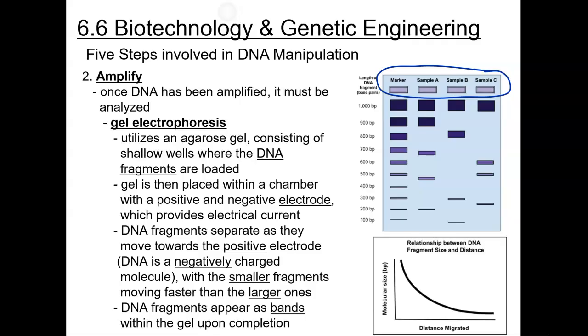With the smaller fragments moving a lot faster, and larger fragments staying behind. So you got your larger fragments staying here towards the end, and the smaller fragments move very quickly towards the bottom. And so it separates these different DNA fragments out. Then they're going to appear to look like these bands here when that gel is complete.